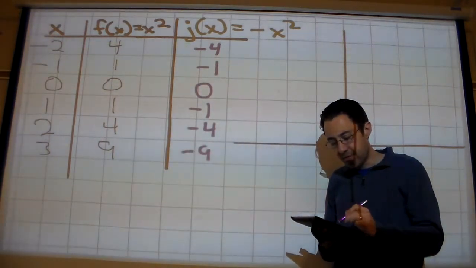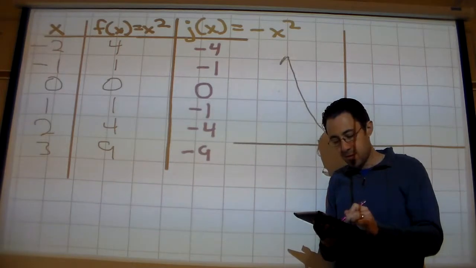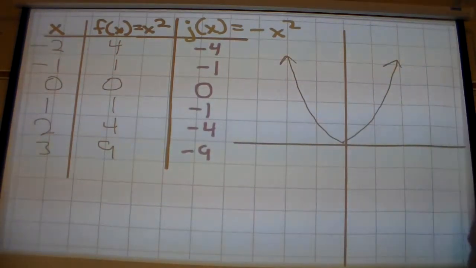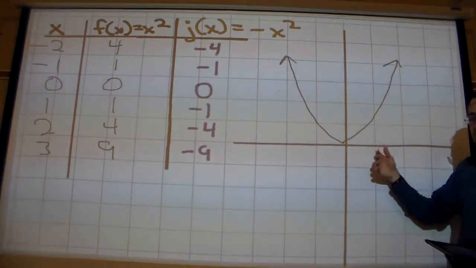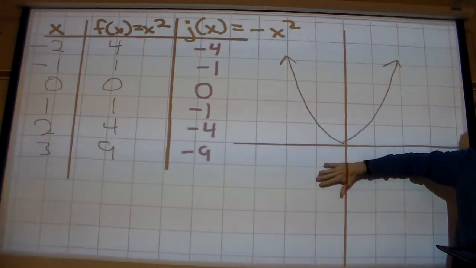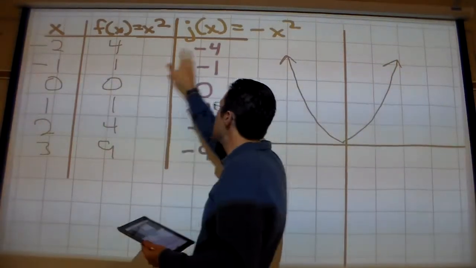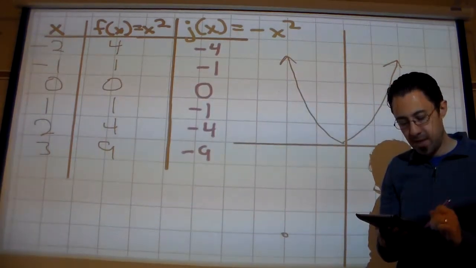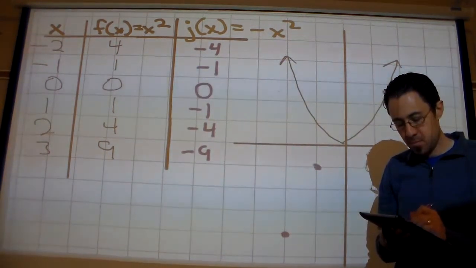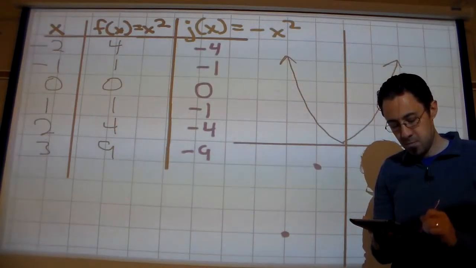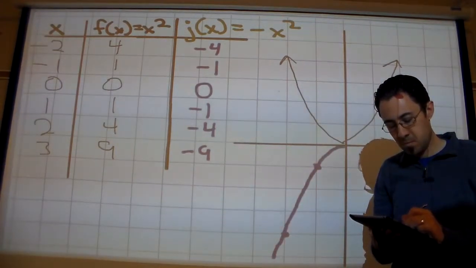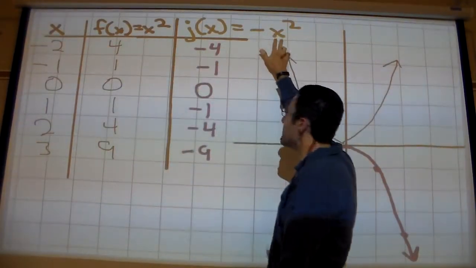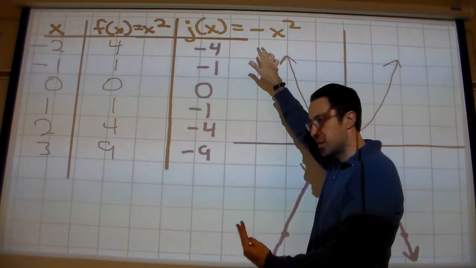So if our original graph looked like this, what does it do when we throw a negative out in front? Oh. Flipped it, right? Because we go negative 2, negative 4. The order that we do it in: right here I have negative 2 squared is negative 2 times negative 2, positive 4.